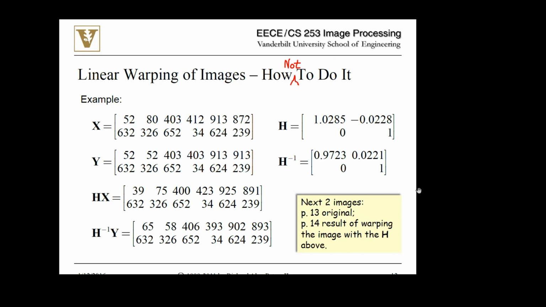Okay, so let's see. We have our coordinates, and we have the coordinates in the other one. Compute H1, then we can see the image. We wanted y and h times x to be this thing, so they should be approximate.